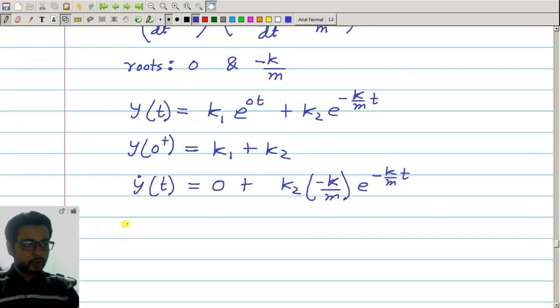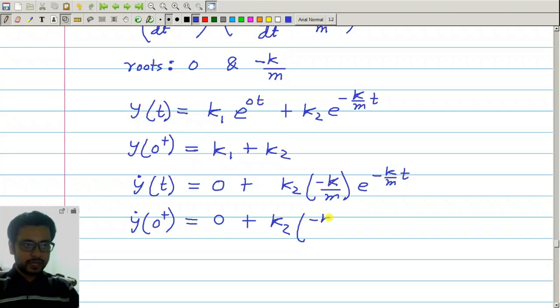Now put once again t equal to 0+, so we will have 0 plus k2 multiplied by k by m.